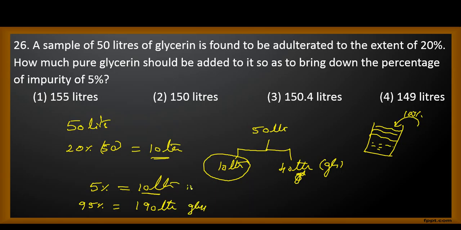This is impurities. If you do 10 by 200 into 100, that is 5%. But what is the question asking? How much pure glycerin should be added? Initially, 40 liters of glycerin is there. Finally, 190 should be there. So you have to add 150 liters. Simply, option 2 is the answer.